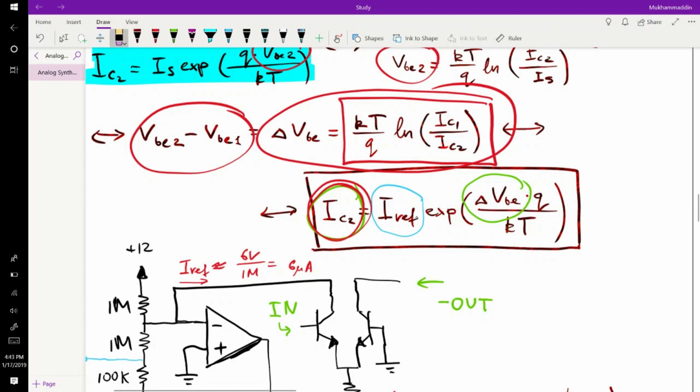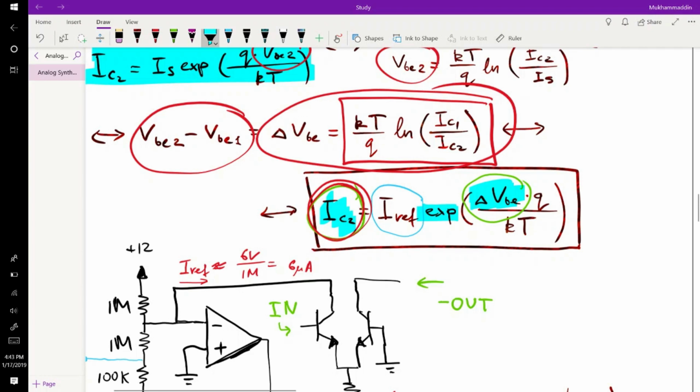Now, notice something interesting. You have delta VBE in here, and it's also an exponential term. So by linearly changing delta VBE, you will be exponentially changing IC2. So that is almost exactly what we want.